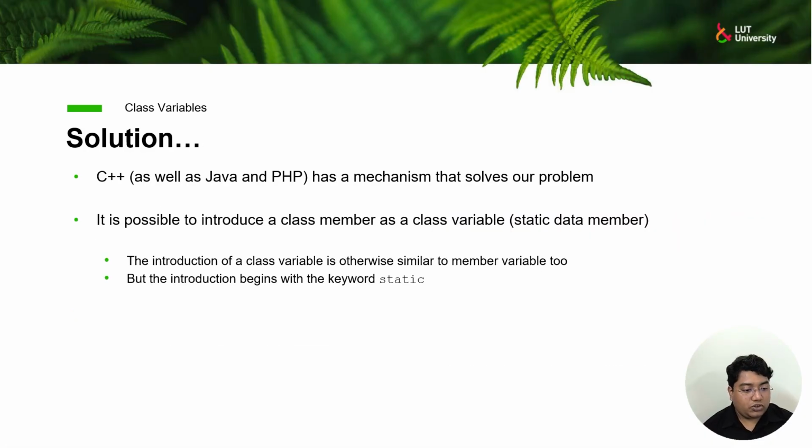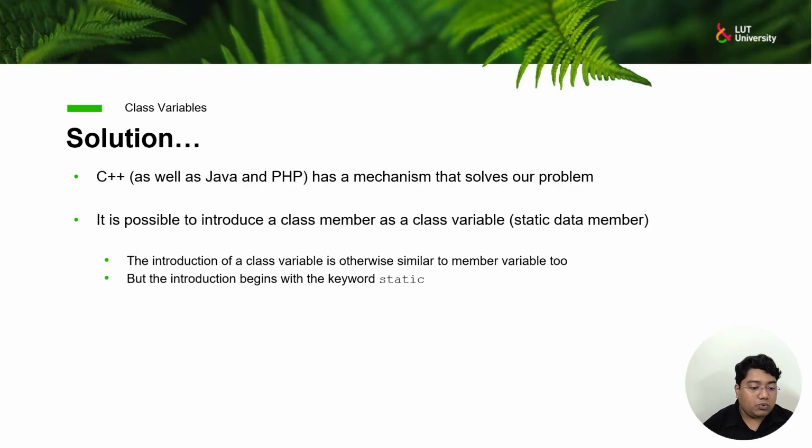So here's the solution. We declare it with the keyword static. At first glance, it looks almost identical to any other member variable, but the only visible difference is that one extra keyword. A normal member variable exists once per object, but a static member variable exists only once for the entire class.